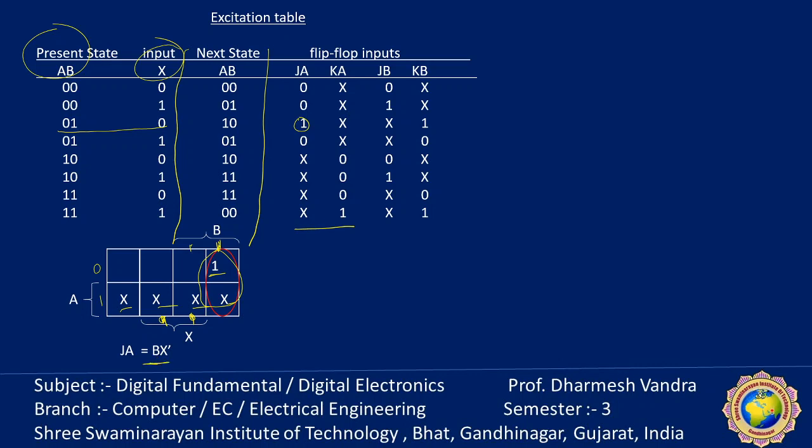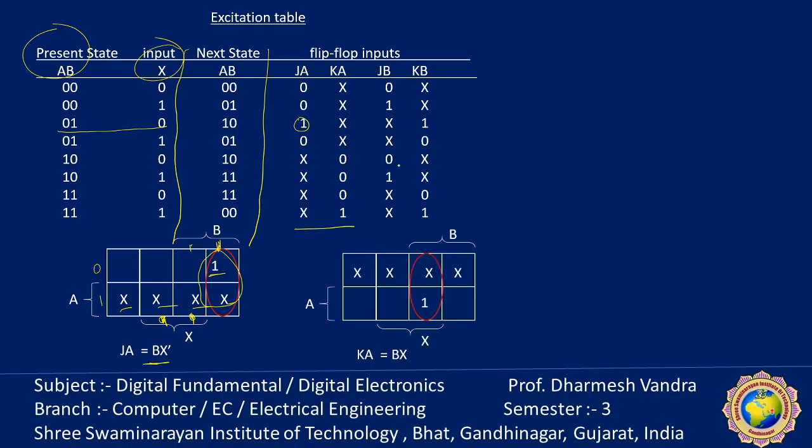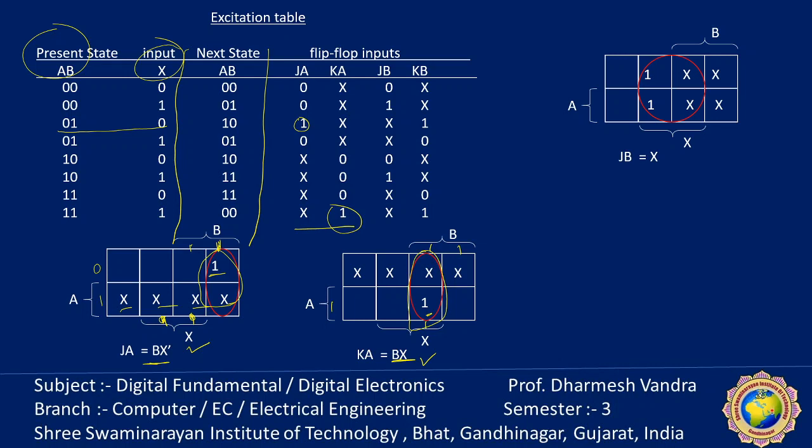Now KA. KA is 1 only here in this condition when all three are 1. So for this, and above, all four conditions are don't care. So we take this one example, this one, and it is B X. So we obtain that JA is equal to B X dash and KA is equal to B X. Now for flip flop B, here the min terms are this one 1, 0, 0, 1 and 1, 0, 1.